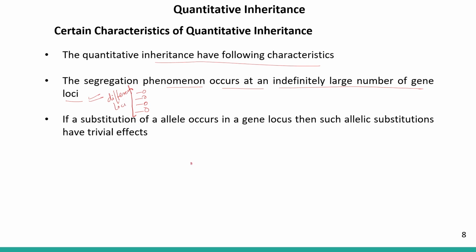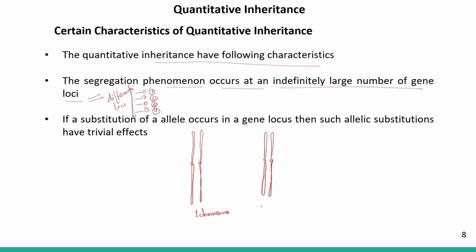Suppose I'm taking one example. This is one particular chromosome, in paired form. This is the first chromosome. We have 1, 2, 3, 4 genes involved. And we have another chromosome, say the third chromosome. I'm just taking an example to understand.